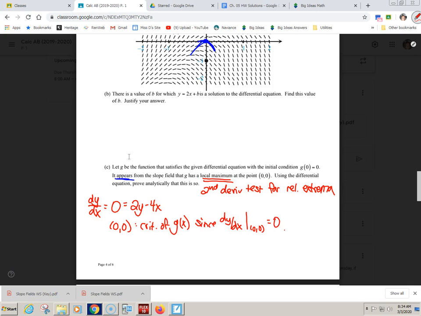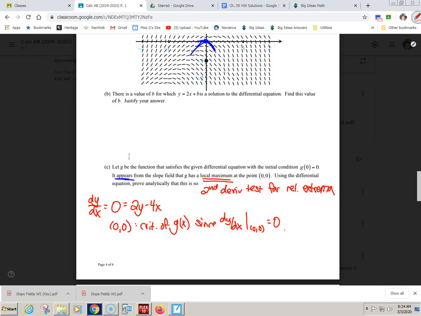I have a crit at (0, 0), but I don't know any of the other crits, because there are infinitely many different places where I could have a 0. It's just anytime y is equal to 2x plus 1. We could plug in tons of different x's and get tons of different y's, and all of those are going to have zeros. So I'm not going to make a sign chart.